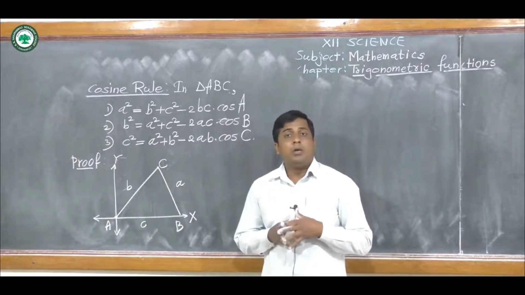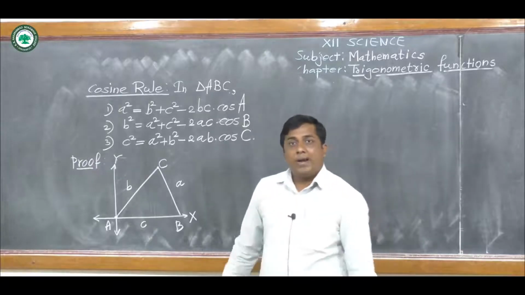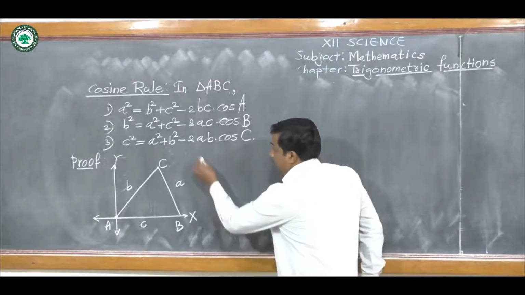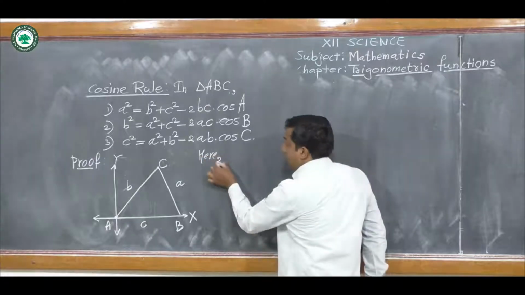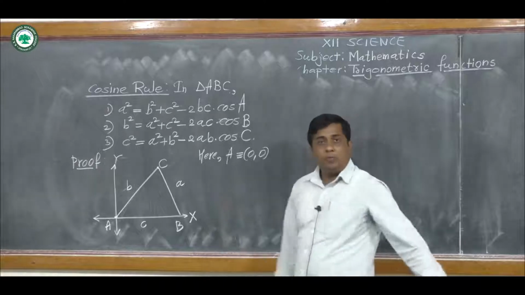Here we consider the coordinates of points A, B, C. Since A is at the origin, we take (0, 0).